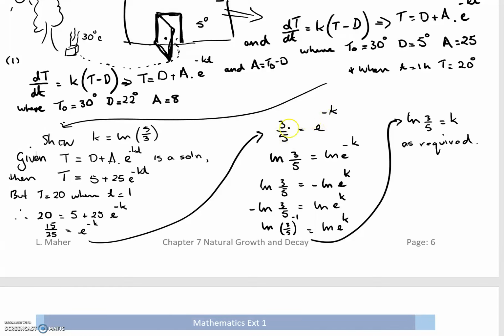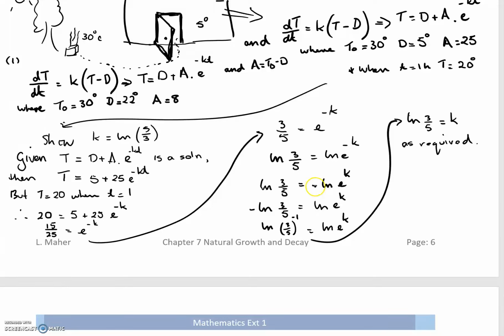We won't panic about that because there's some nice things you can do when you've got negative indices and logs. So for example, I'm going to take the log of both sides. The log of 3 on 5 would be the log of e to the minus k. Just working on this right hand side, I'm sure I could have done this more quickly by taking minus k to the front, but I was more fixated with the negative and wanting to ensure that I was able to swap there.